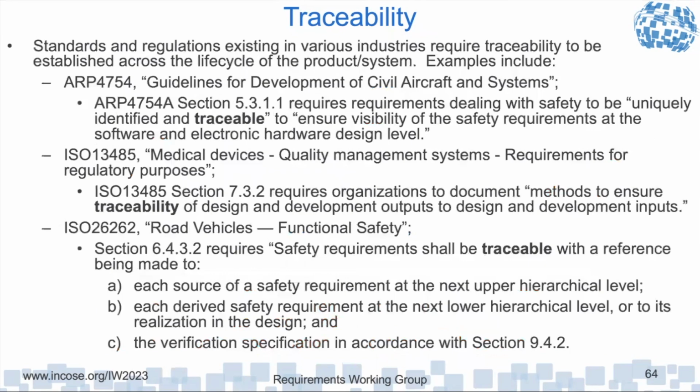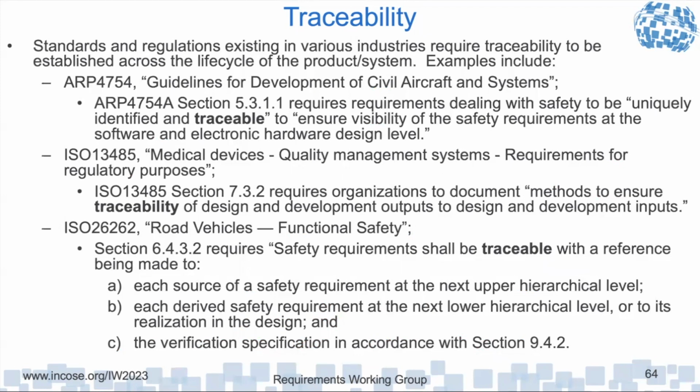And standards and regulations existing in various industries require traceability to be established across the lifecycle. ARP for civil aircraft and systems requires requirements dealing with safety be uniquely identified and traceable. ISO 13485 for medical devices requires methods to ensure traceability. For road vehicles, functional safety requirements should be traceable.